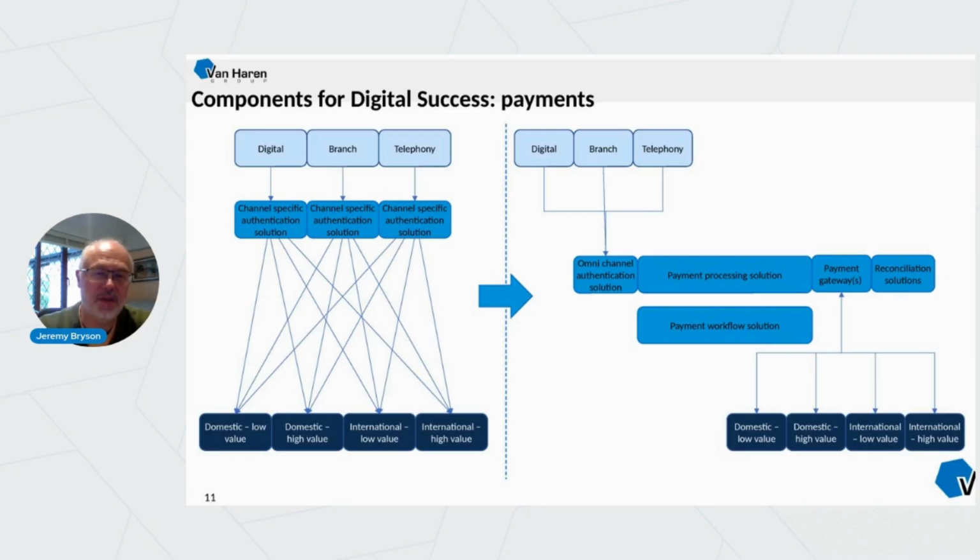Progressively, established banks are moving to something on the right where you have a payments factory. You take the payment from any one of the contact points for the customer and you push it through to any one of those payment gateways that I mentioned.